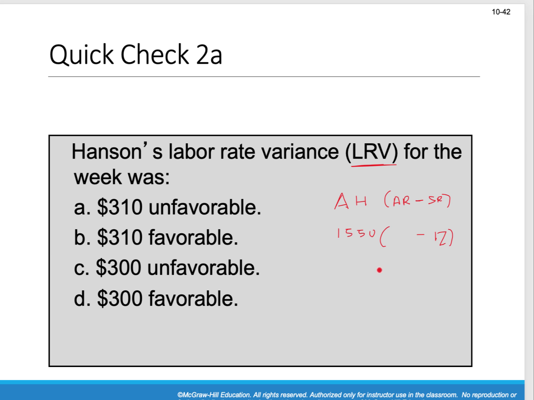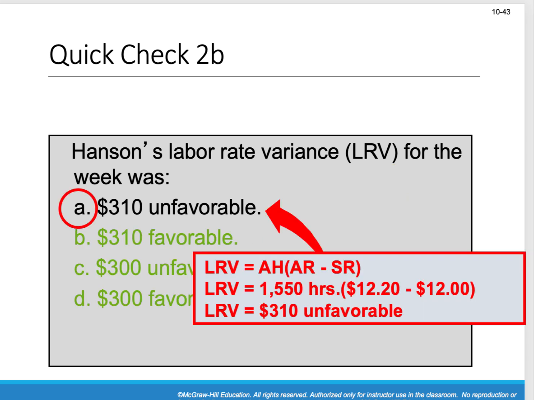Well, we kind of got to calculate that out, right? We know what the total cost was. We take that total cost and divide it by the actual hours, which ends up being $12.20. Okay? And we see here that we actually have an unfavorable variance of $310.